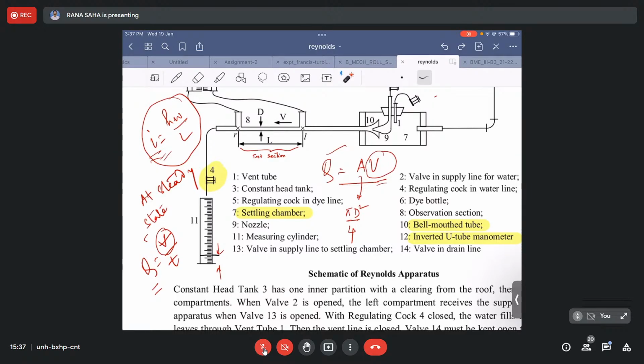If you provide more time, you can have a larger collection amount, so that you can have the calculation or the reading in a proper manner. That's why a significant amount of time should be given, so that the amount of water collected should be substantial.